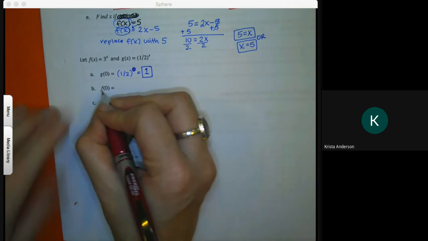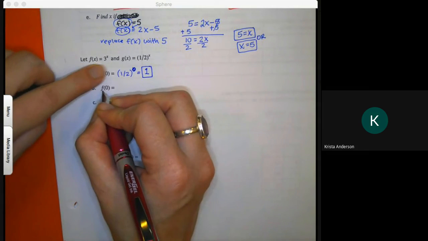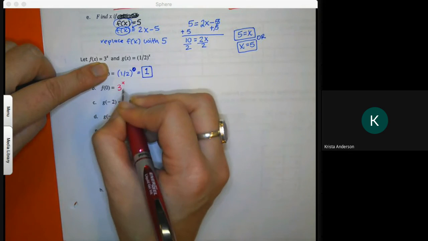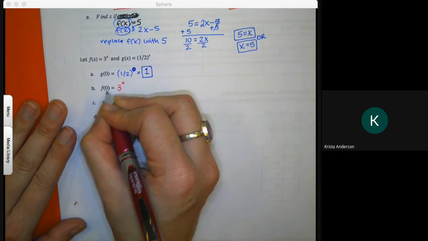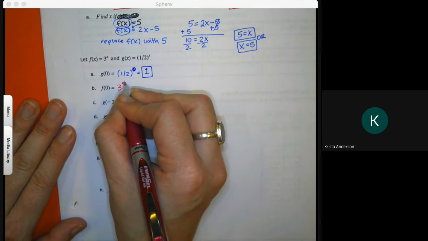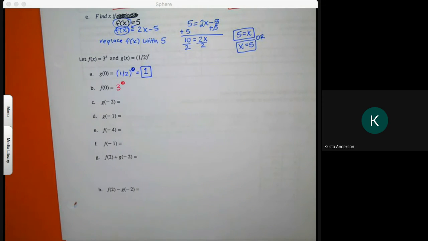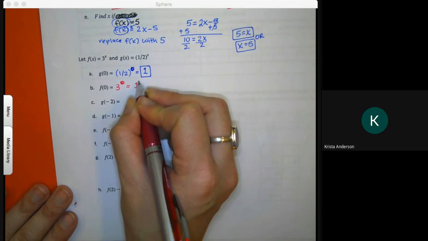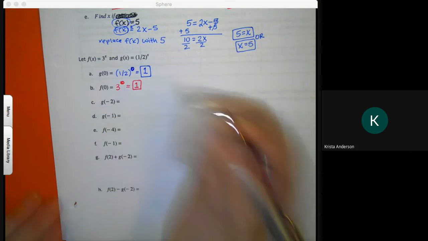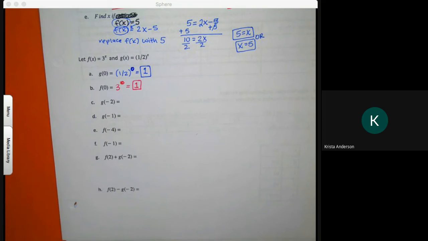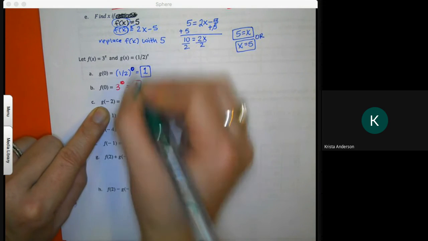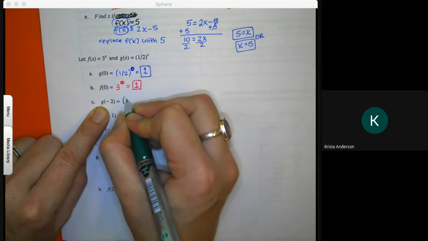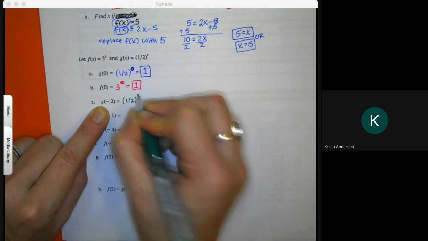For this one, it wants f raised to the power of 0. So I'm going to replace the x with the 0. Anything raised to the 0 power is 1 again. Or you can calculate it, it'll say 1. I have g, which means I'm using the 1/2 to the power of x.